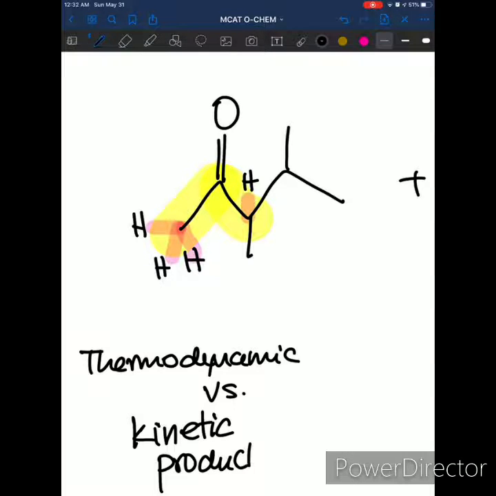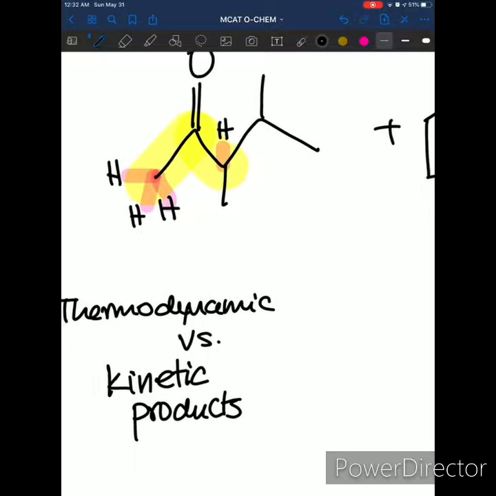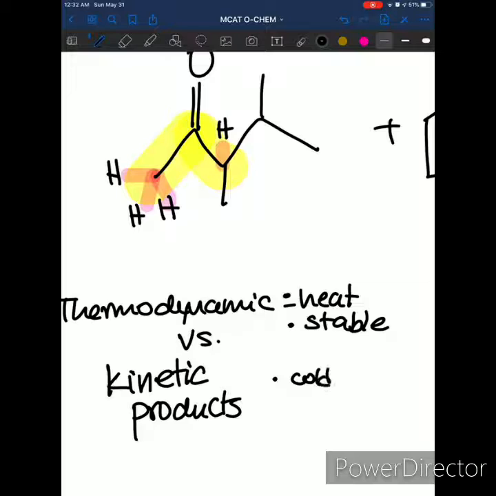With the thermodynamic product, you're going to need heat to force this thing to go forward. And it's thermodynamic because it's stable. So you need heat, but it forms the most stable product. The kinetic product is the least stable one, and it usually is at cold. Sometimes it's at negative degrees Celsius.